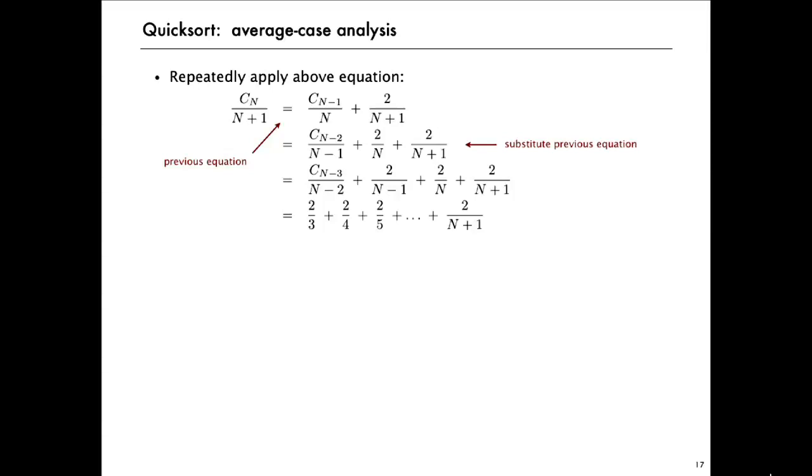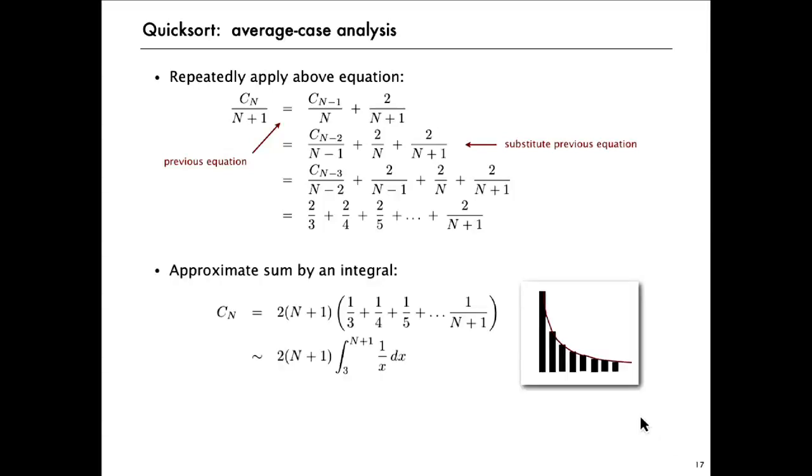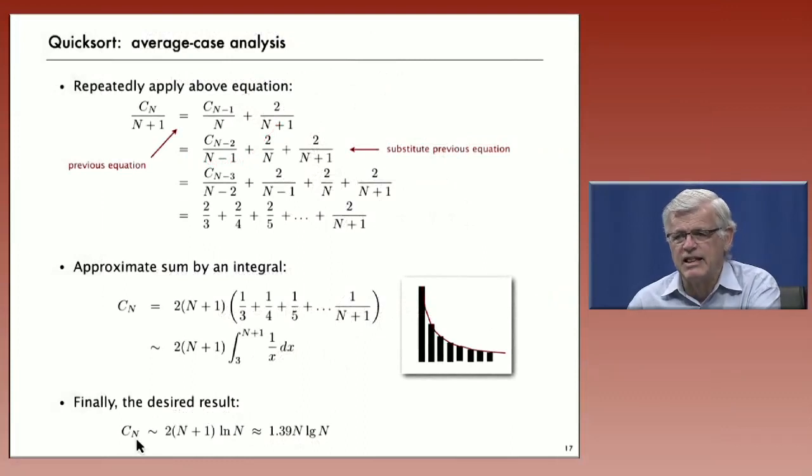Substitute the previous equation, telescope, and then that gives us an easy sum that we can approximate by an integral. It's 1 over x from 3 to n plus 1, and that's a pretty close approximation in this case. And that approximation gives us, it's about 2 (n plus 1) natural log n comparisons for Quicksort, about 1.39 n log n.